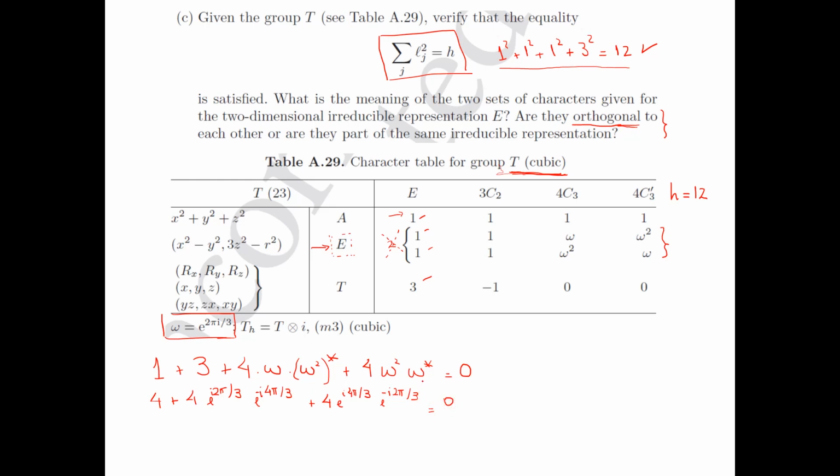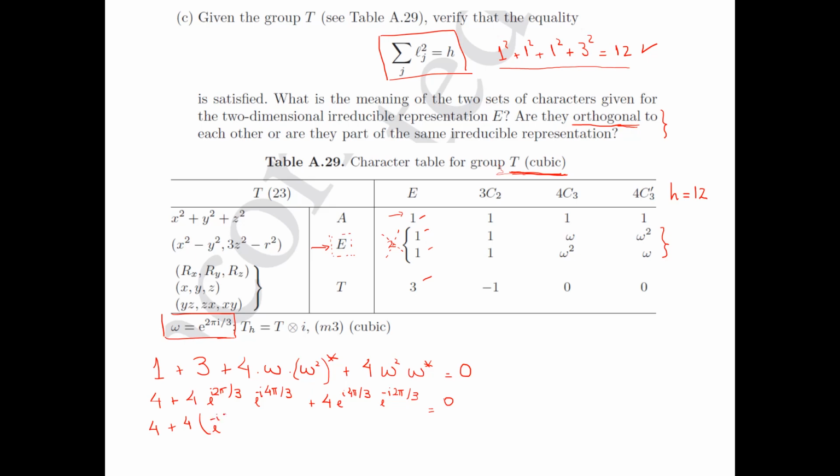And combining these two terms, you have 4 plus 4. You have the e to the minus i 2 pi over 3 here, and e to the i 2 pi over 3 there.